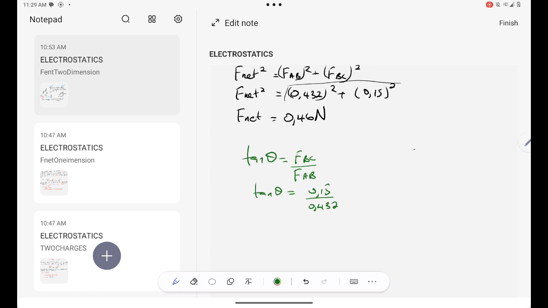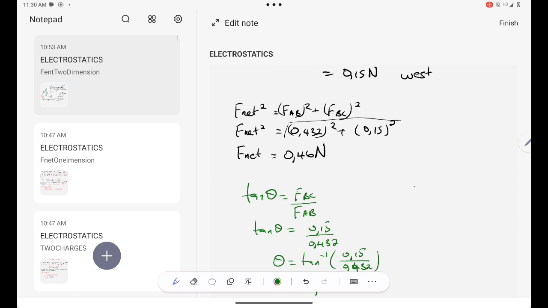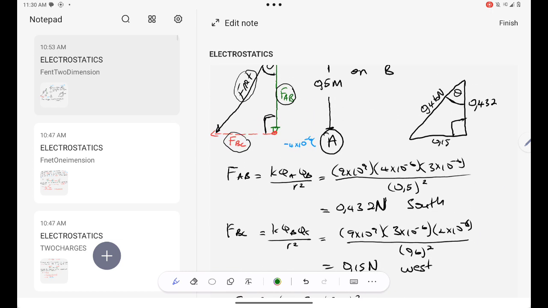Therefore theta is the inverse of tan of 0.15 divided by 0.432. Shift tan 0.15 over 0.432. This will give me an angle of 19.19 degrees.